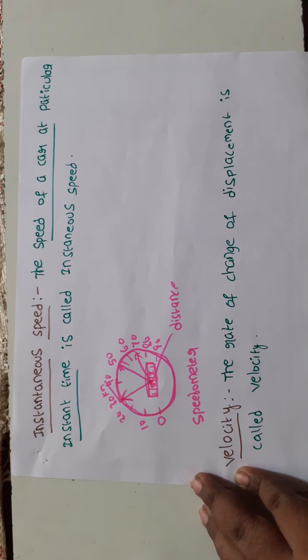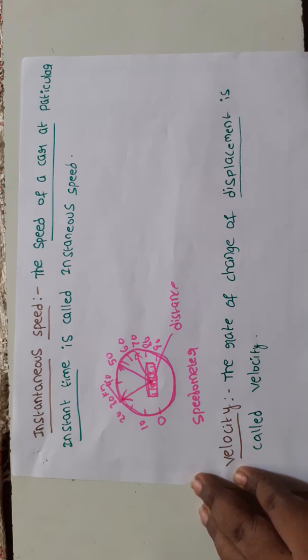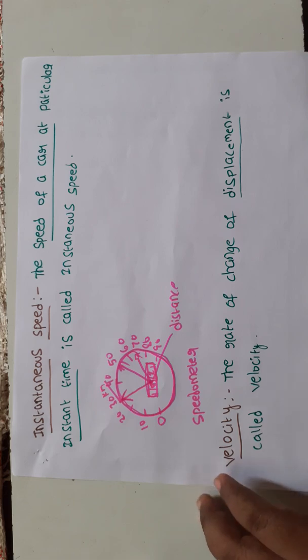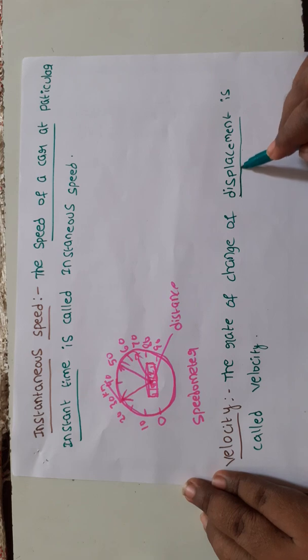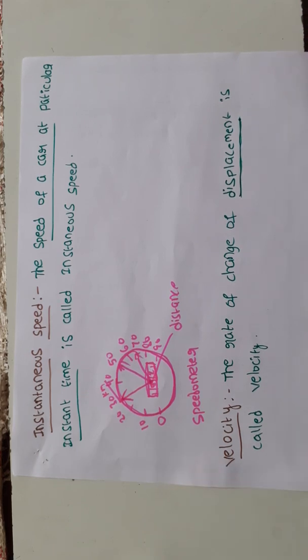Here we are using displacement. In the case of speed, we use distance. Distance has only magnitude, but displacement has both magnitude and direction. So velocity also has magnitude as well as direction. So it is a vector quantity.